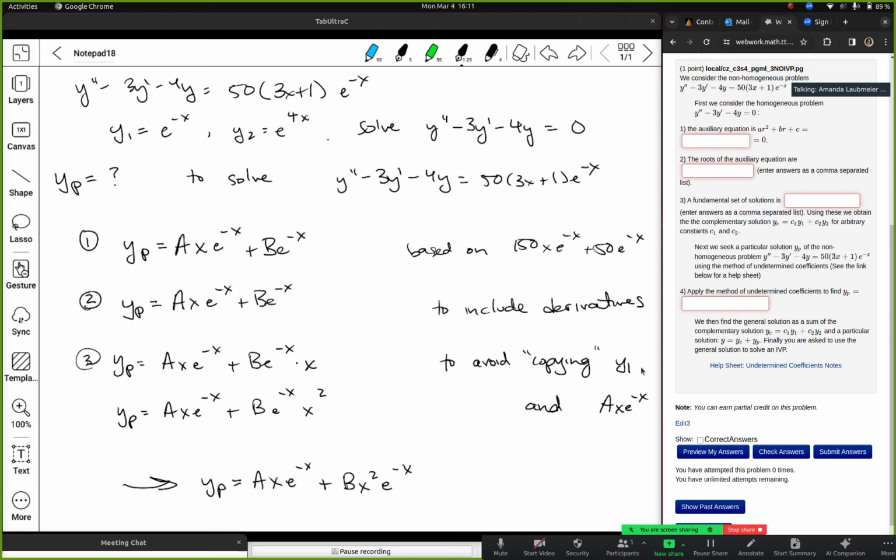And then from here is the part where you would take y sub p prime and y sub p double prime to plug into the ODE you want to solve: y double prime minus 3y prime minus 4y equal to 50 times (3x plus 1) e to minus x. There were some questions in class also of where exactly our y sub p gets plugged in, and it is into this full equation that we're looking to solve.